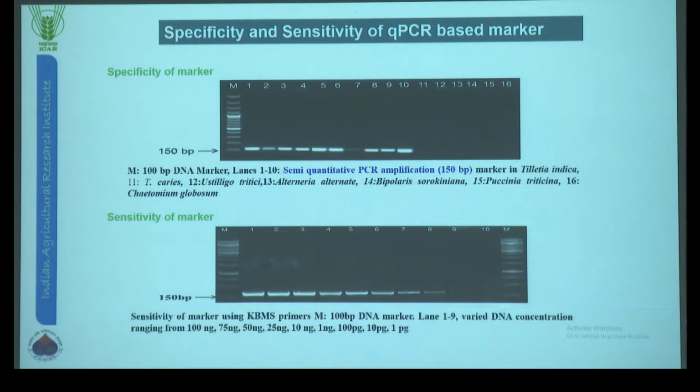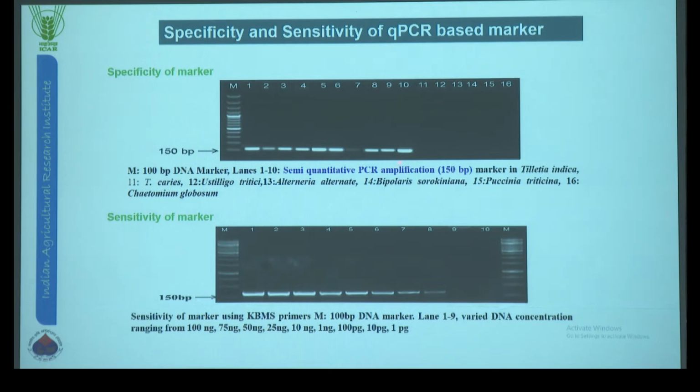Coming to specificity, what is the specificity? The same primer we tested on cDNA of Tilletia indica, Tilletia caries, Tritici, Alternata, Sorokiniana, Puccinia and Chaetomium globosum.